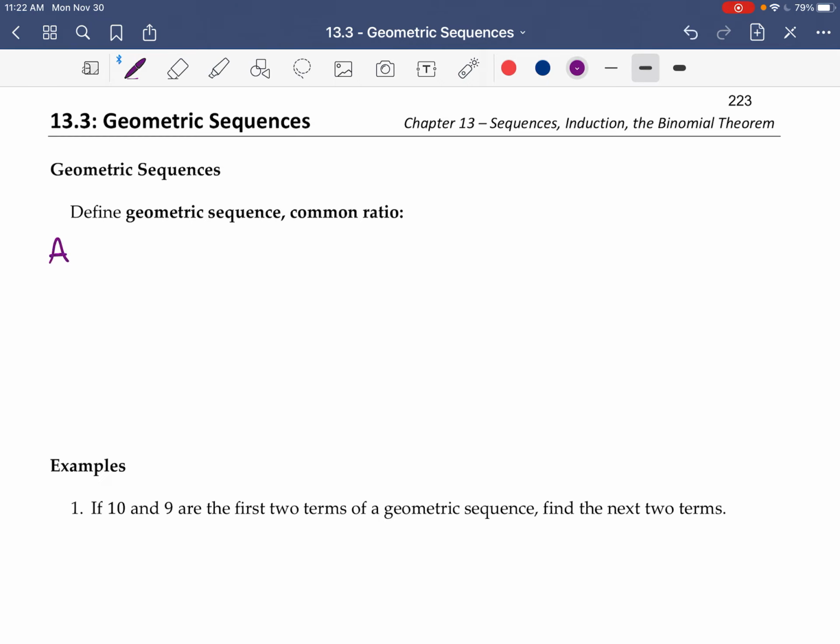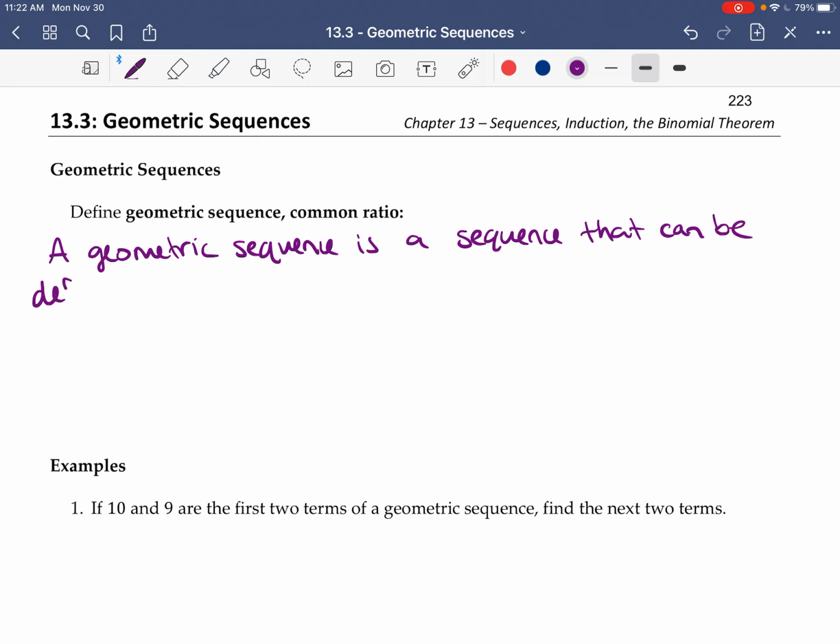A geometric sequence is, again, a sequence that can be defined recursively as: A1 is some value A, and then to get to An, you take An minus 1 and multiply by some constant R.